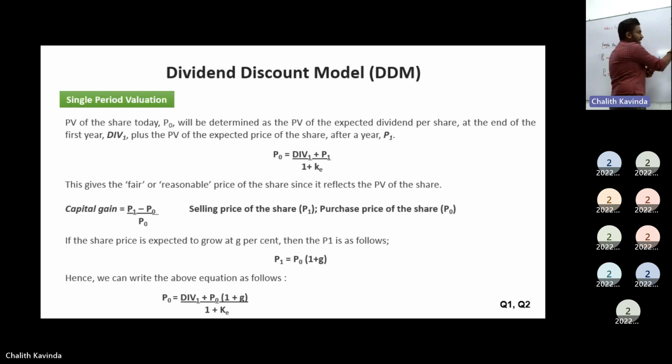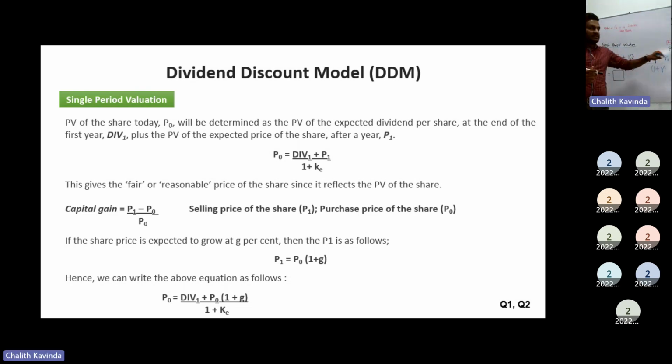The answer must be 50. Am I correct? You might have learned this formula in your grade 2. This is your future value, this is your present value, 1 plus r to the power n. This is your future value formula.